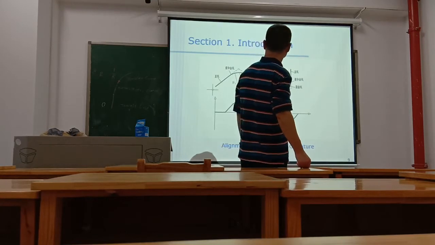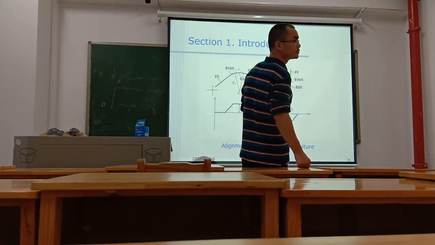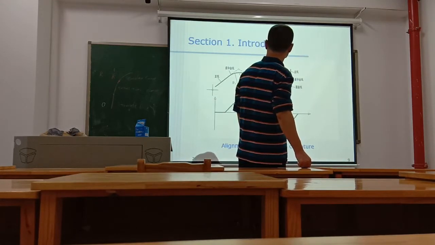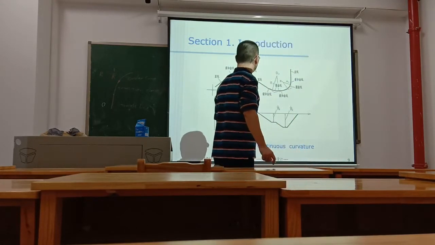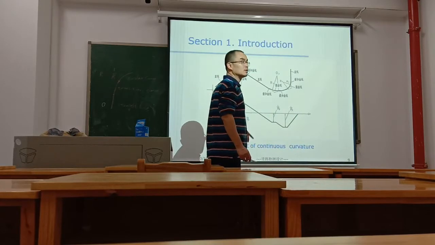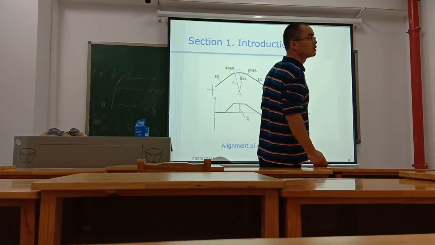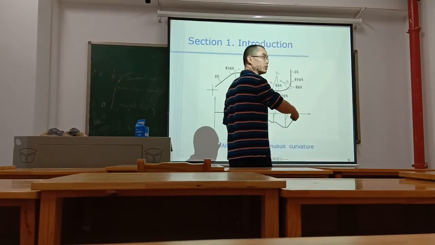I don't really understand the transition curve and the circular curve. They are different. Here, in the previous image, can I come to show?